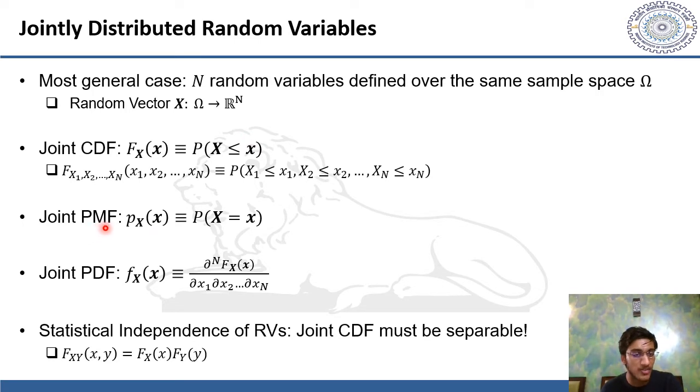The joint PMF for jointly distributed discrete random variables is defined as the probability of this random vector x taking on a vector of values in the n-dimensional real space from a given set of vectors of values in the n-dimensional real space.